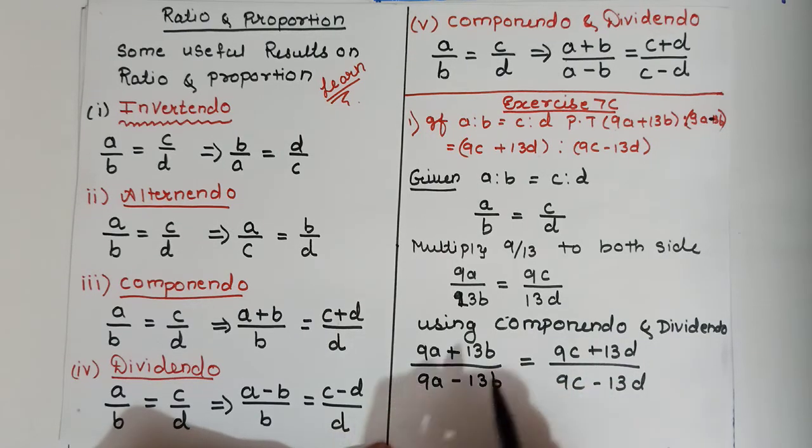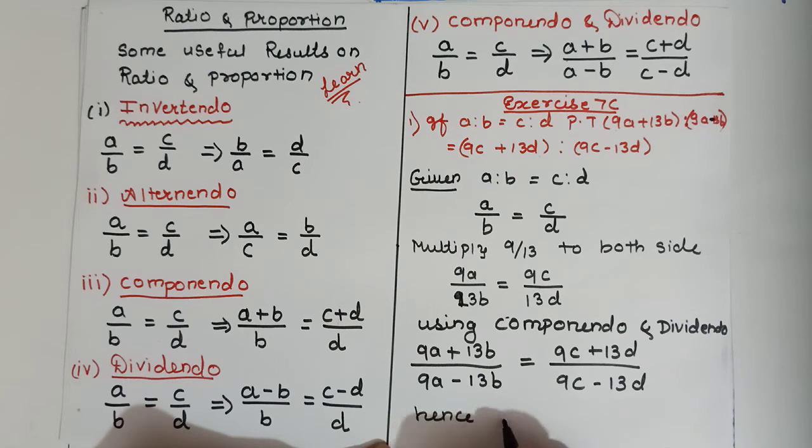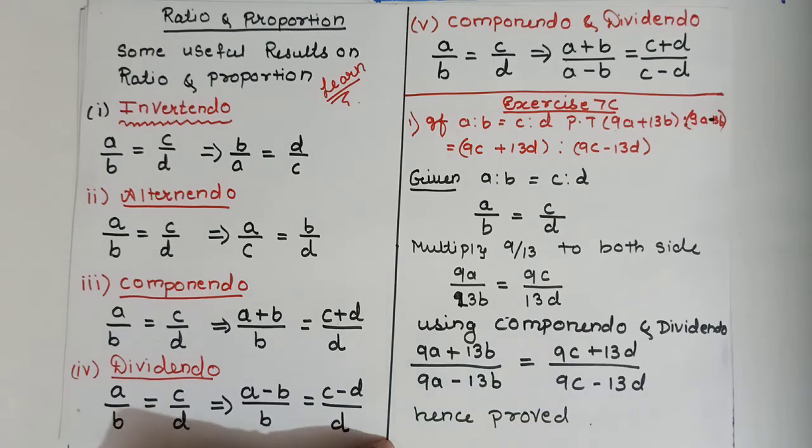If you can see, this is your proof. So, hence proved. Isn't it very easy, very simple?